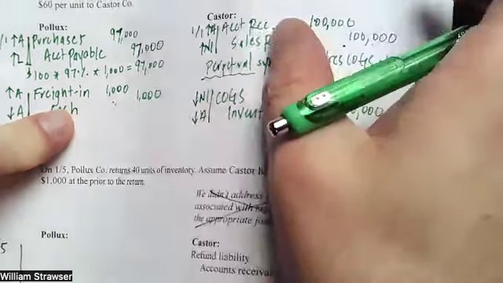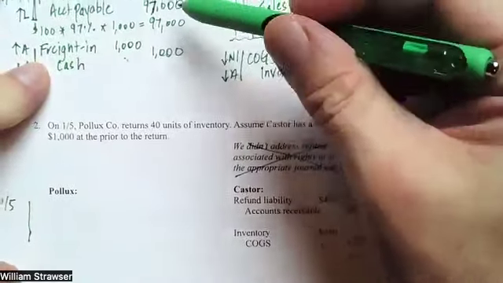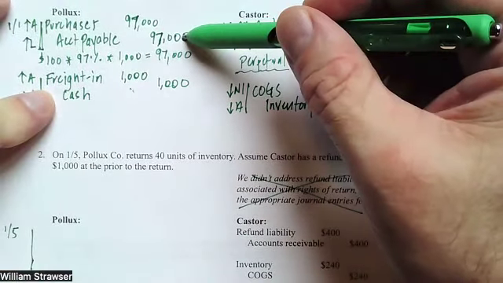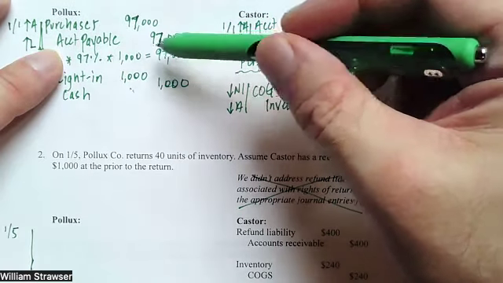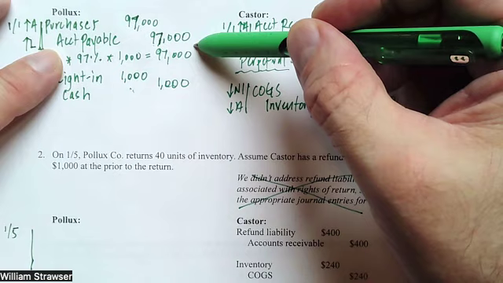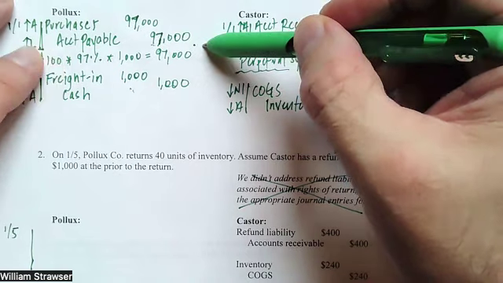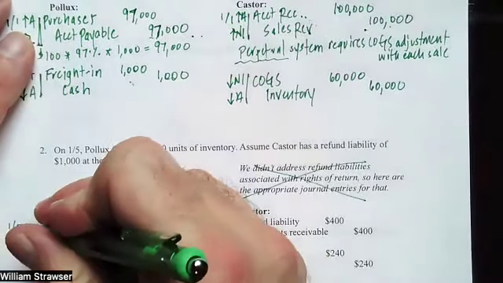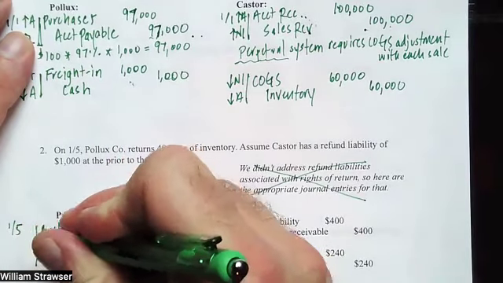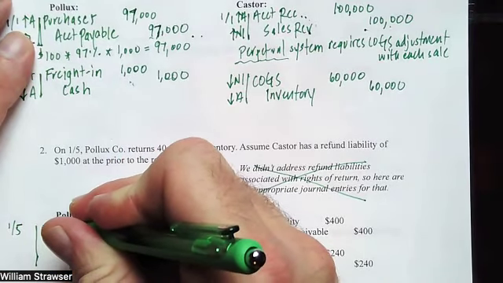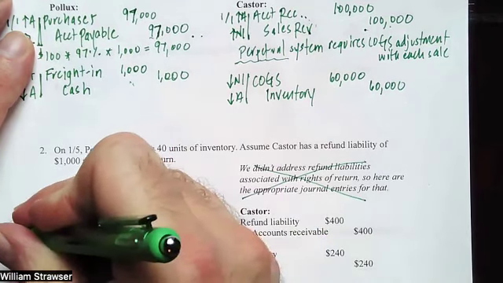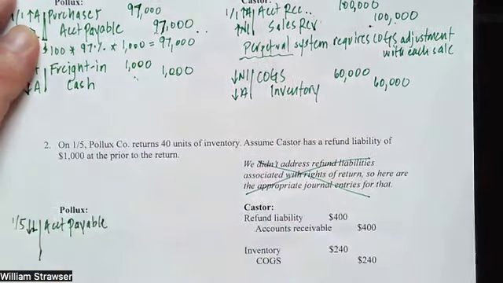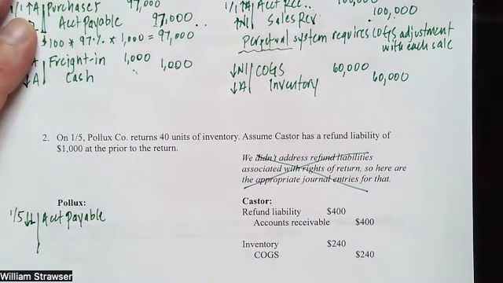So when they return the inventory, which they purchased by saying, look, we'll pay you later, then that means that their payable, the amount they absolutely have to pay for this inventory, is no longer $97,000. So that's the account we want to decrease. And we do it with a debit, which will reduce our obligation, our running total of how much we owe our vendor by the amount of the returns.